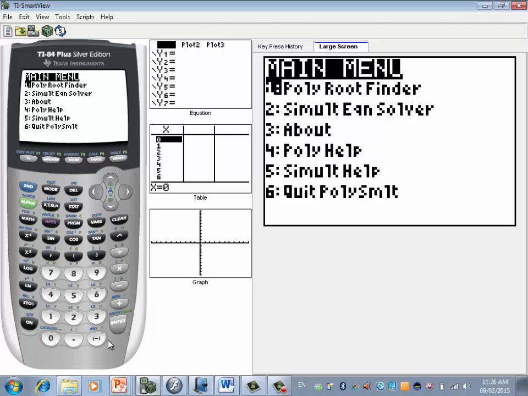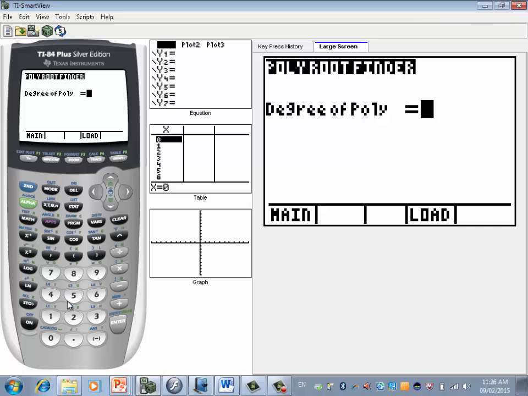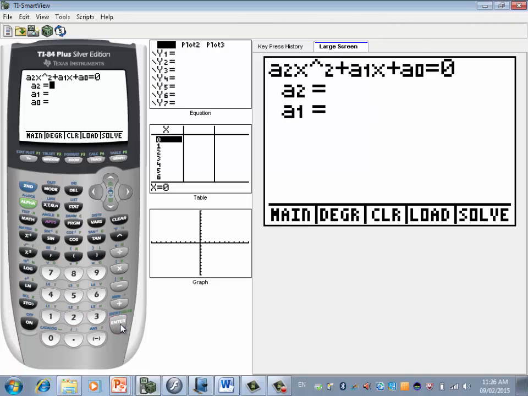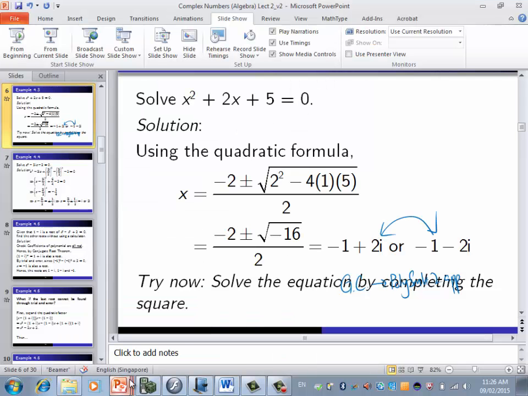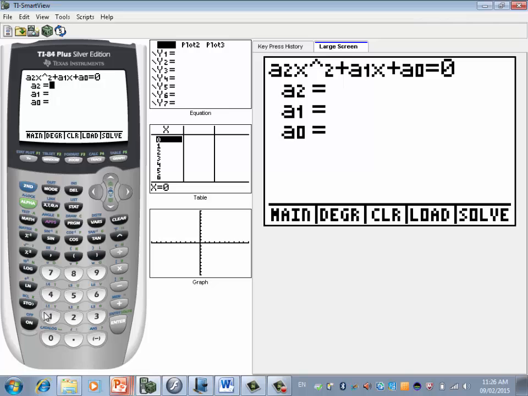If you go in here, your interface will look a bit different from mine. You just key in accordingly. x squared plus 2x plus 5, so coefficients are 1, 2, 5. Please remember to press enter after the last one. If not, it will register as 0 for a0. Press enter after the 5.